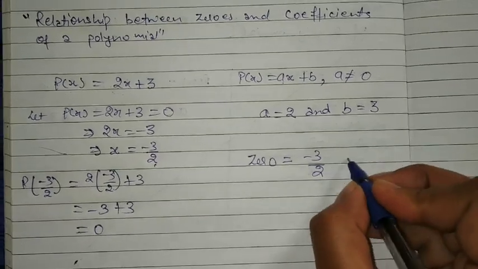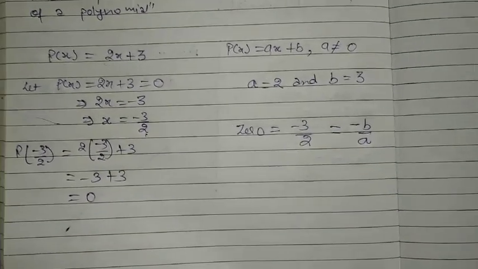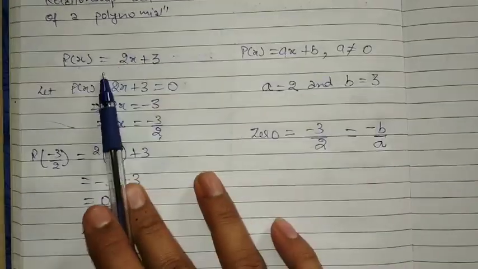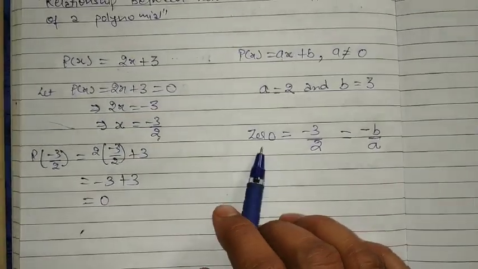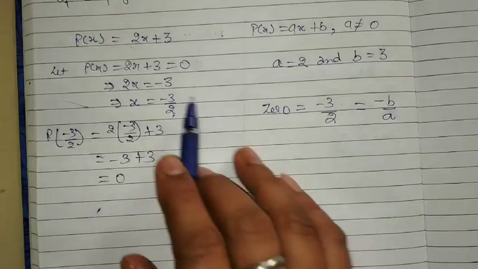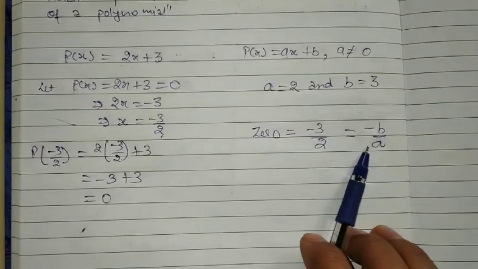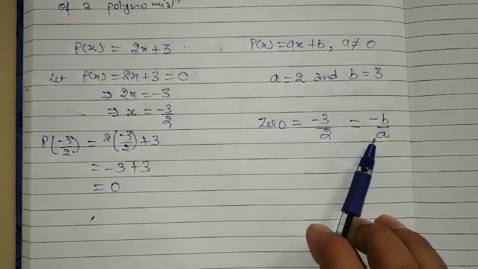Minus 3 by 2. It can be written as minus b by a. So for any linear polynomial, its zero is calculated as minus b by a. You don't need to go through all this calculation. You can directly tell the zero of a linear polynomial.